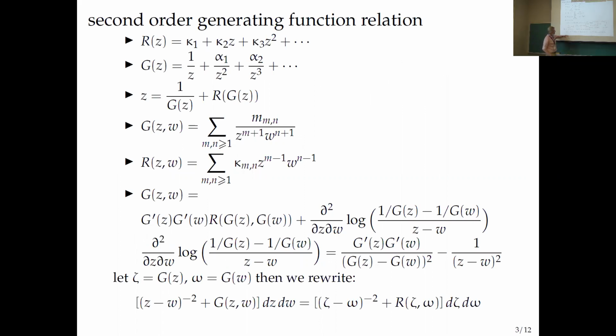So in a lot of ensembles, this guy is 0. R is 0, sorry. Second order cumulants vanish. That's right. In a lot of Gaussian things, the second order cumulants will all be 0. And so you just have this thing equals this thing. And in univalent function theory, this is a very interesting thing, this derivative, because when you let z go to w, you get the Schwarzian derivative.